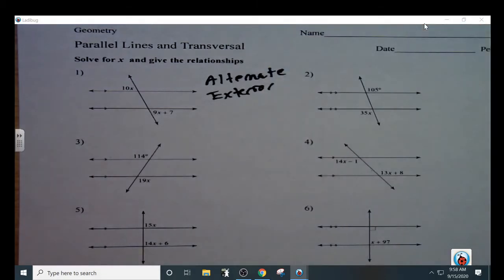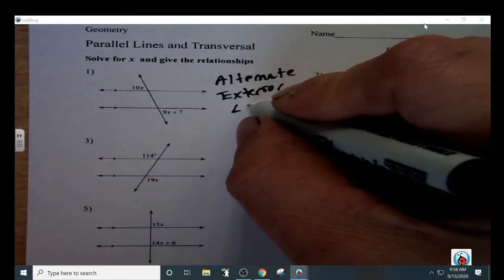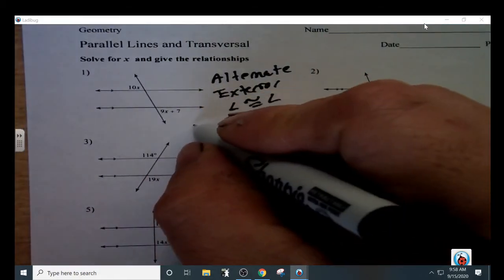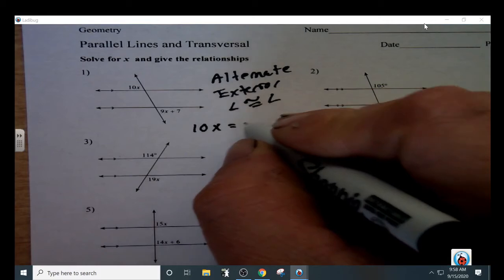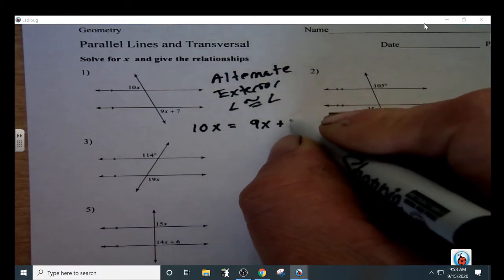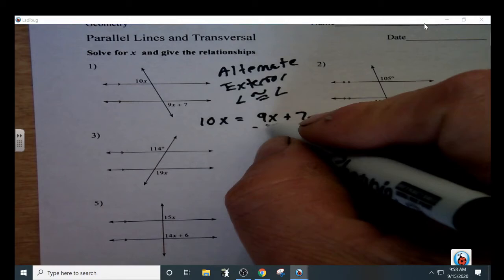Now, guys, remember, alternate exterior angles are always congruent, right? So if they're congruent, it's very simple to set the angle measurements equal to each other. Okay? So you get x by itself.